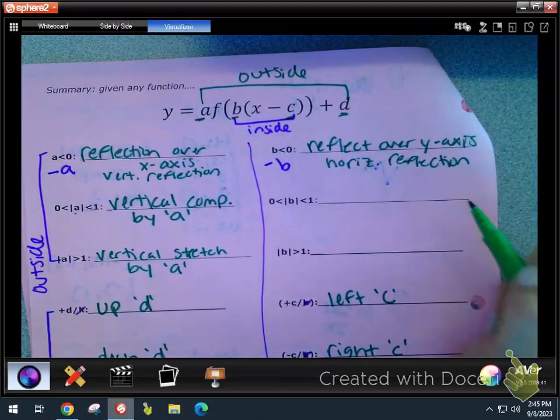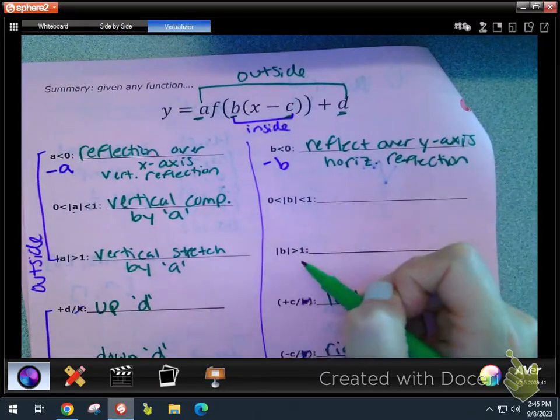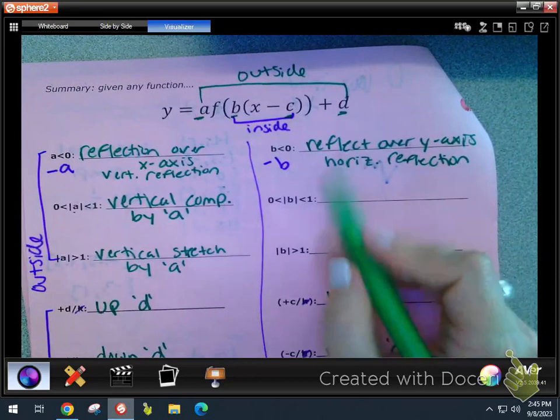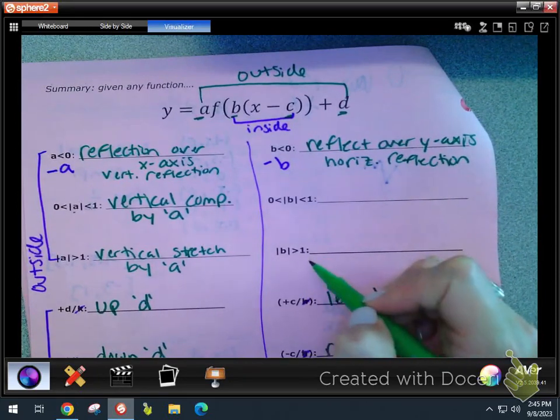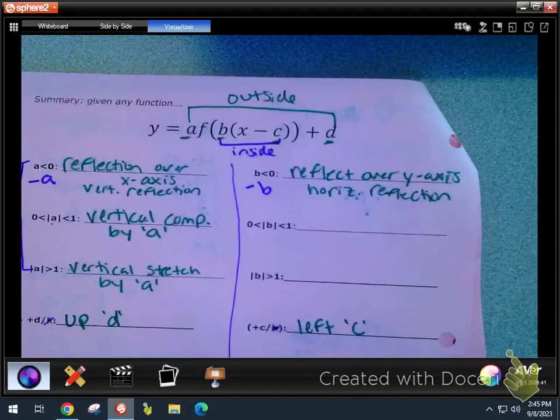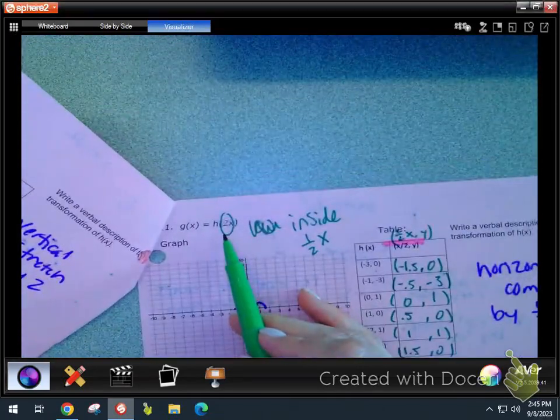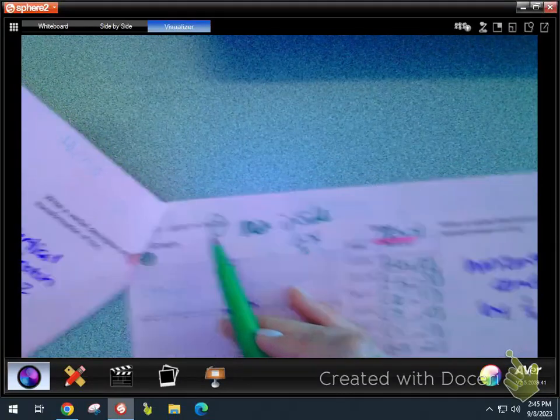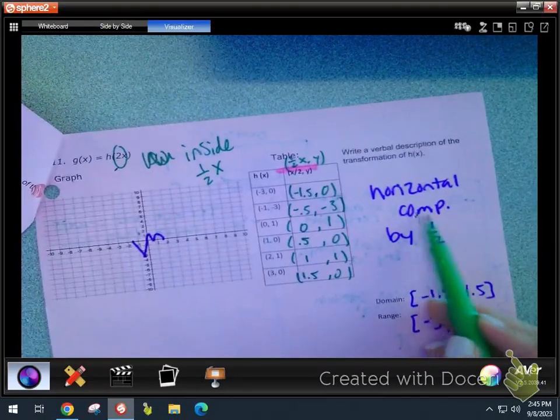Horizontal reflection. If your B value, okay, is, let's do greater than 1 first. If your B value is greater than 1, I'm going to go back to our example. And our inside value was bigger than 1. Number 11. What did this actually do to our graph? Compression. Okay, so these are going to be the opposite.